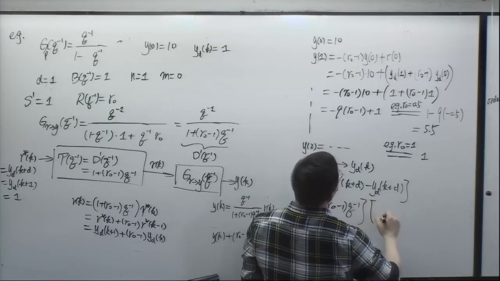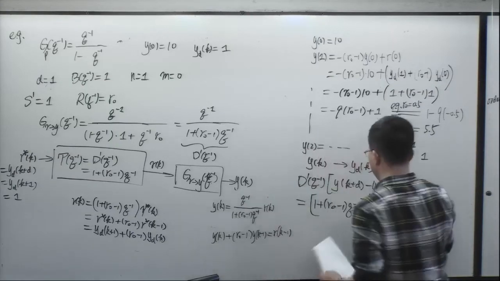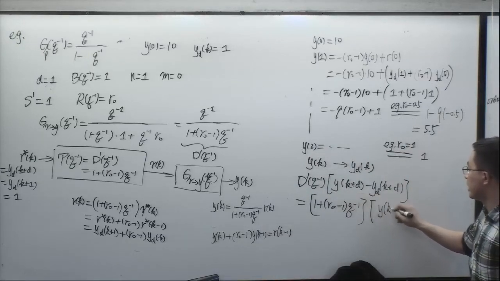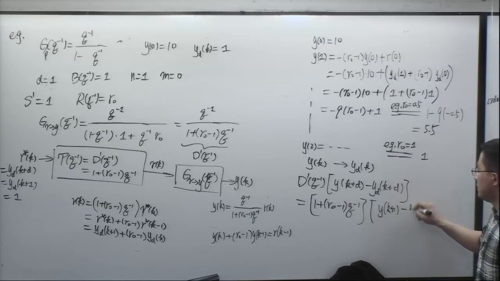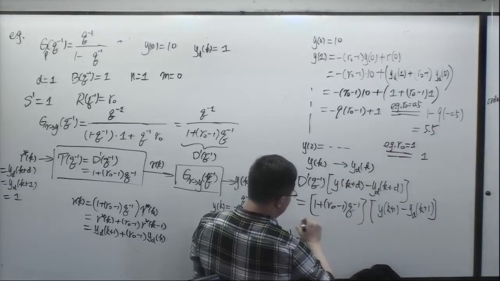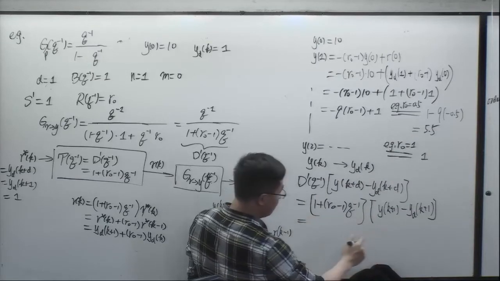And then YK plus D. So in our scenario, it would be YK plus 1 minus YDK plus 1. If you compute this, you can see actually this is always 0.